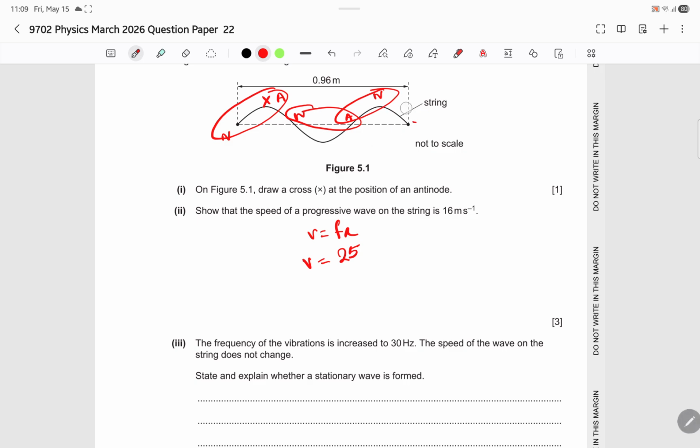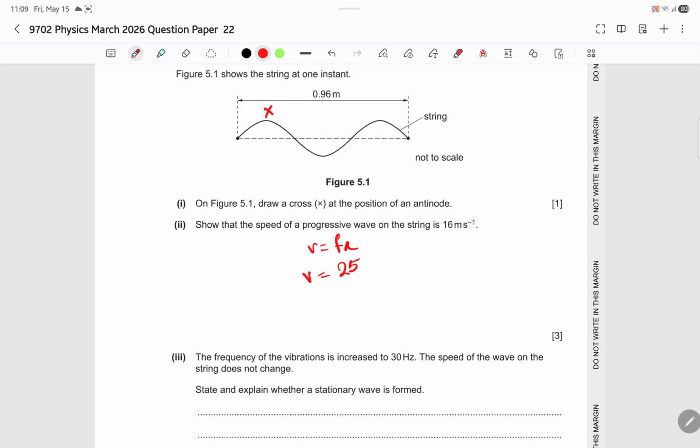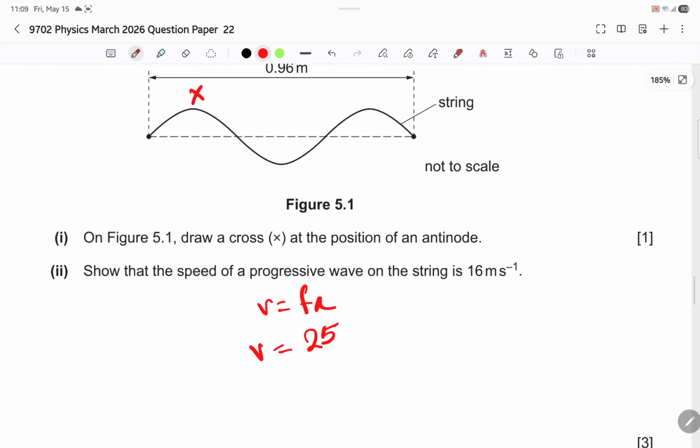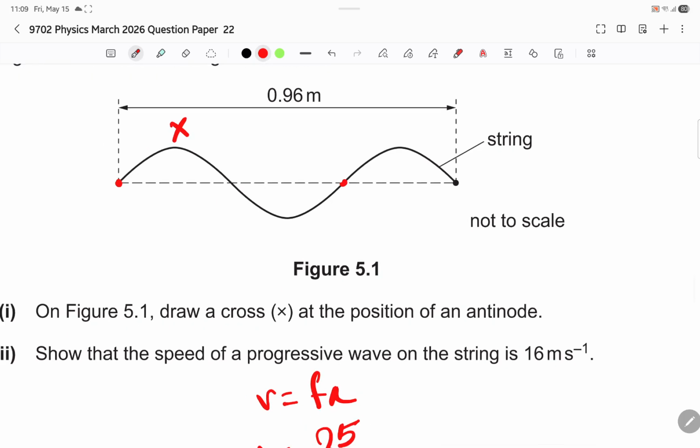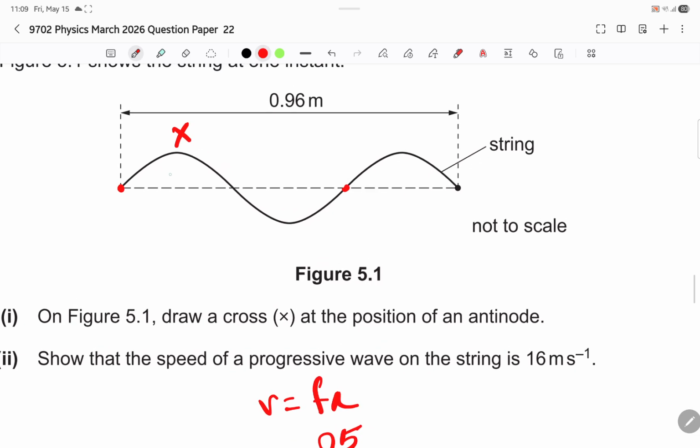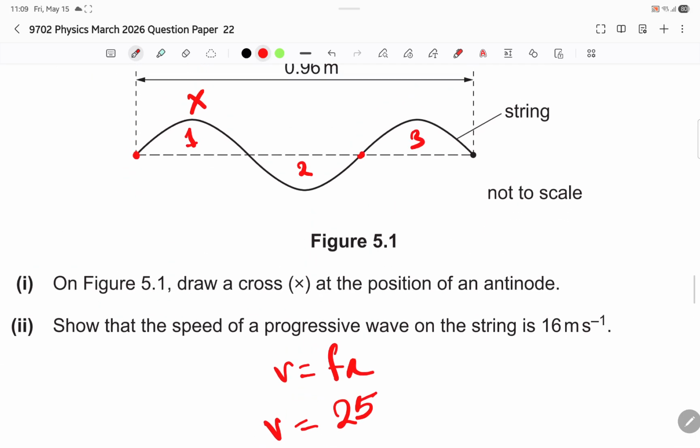There's another way you can do this, which I think is the easier approach. What is one complete wavelength in this? Starts from here, ends at here. This is one complete wavelength, right? And the whole wave is, you have one crest, another trough, another crest, so 3.